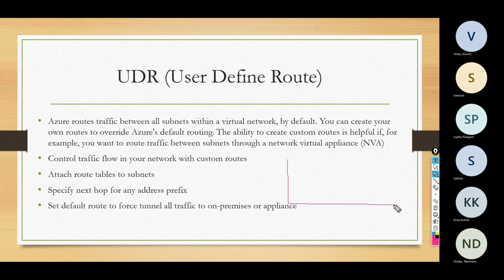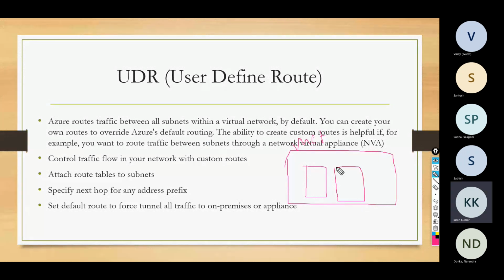Here I will create one vnet with totally three subnets. To each subnet I will associate a UDR route table, and I will keep a VM in each.